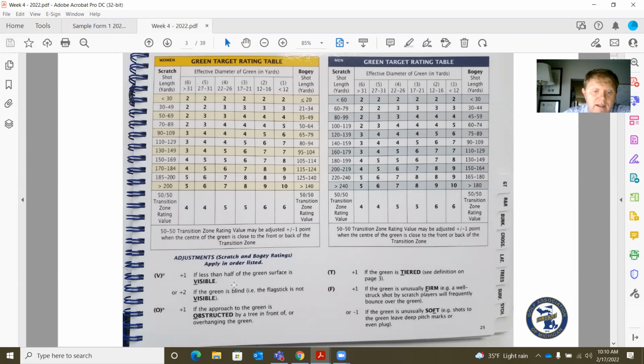The reason for that is that V+1 is saying less than half. So it could be 40%, it could be 0%, but the up to adjustment is when you can't see the flag stick at all.